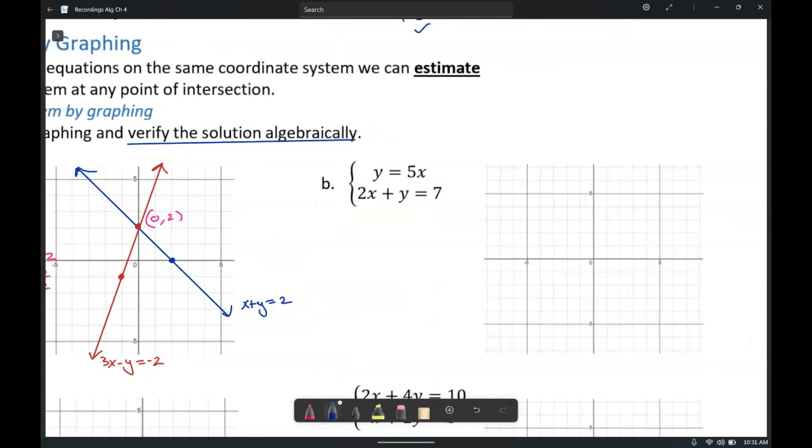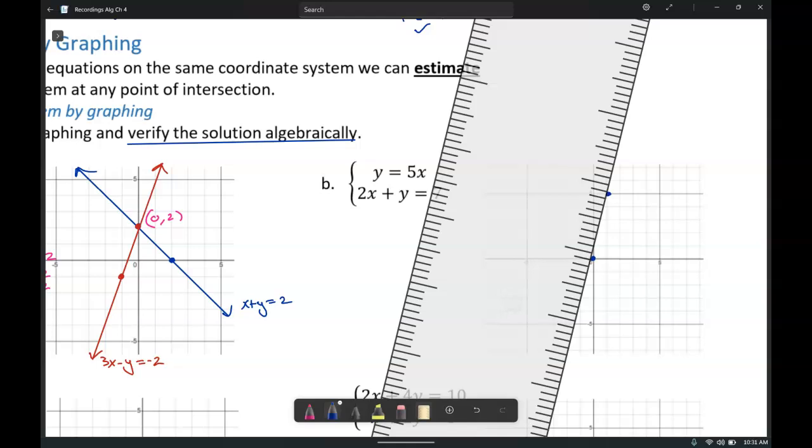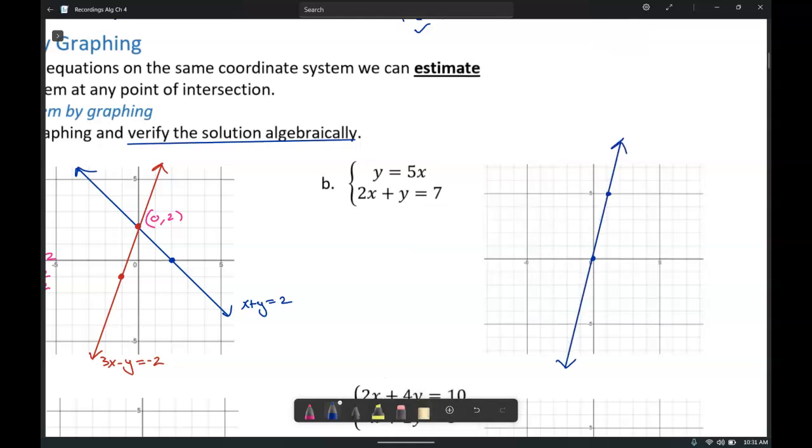We can go ahead and graph B. Our first equation has a y-intercept at 0 and a slope of 5. And then our second equation has a y-intercept of 7 and a slope of negative 2.